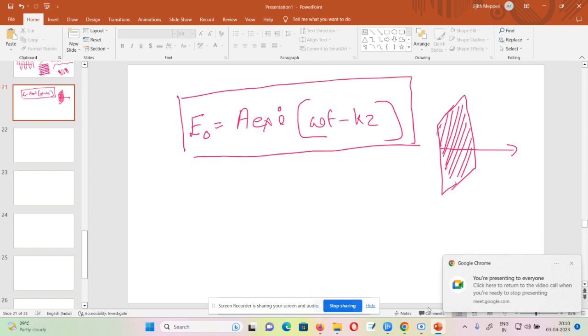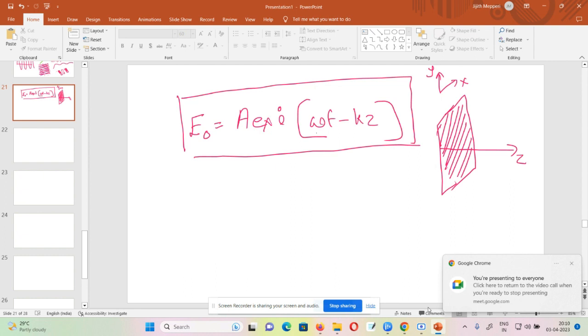But how does the amplitude vary along x, y and z directions? Amplitude is constant throughout the x and y directions, so it can be represented by a plane in x and y direction having infinite dimension. So this is nothing but a plane wave.